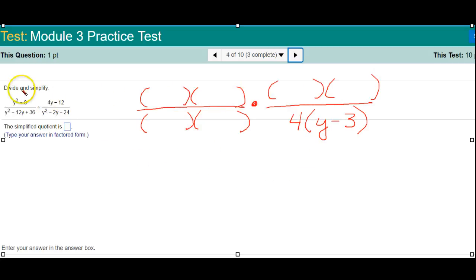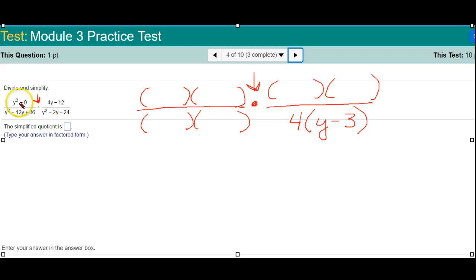Here again, we're asked to divide. There's our division symbol. And remember, when we divide fractions, we change it to multiplication, and then flip this. That is, take the reciprocal of this. So now this is on the bottom, and I've factored a 4 out of that.